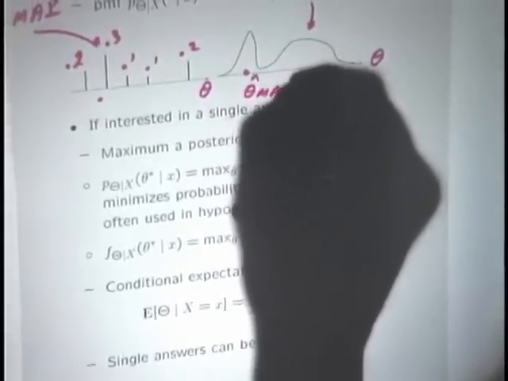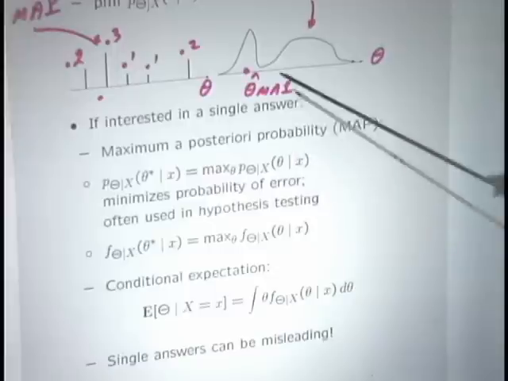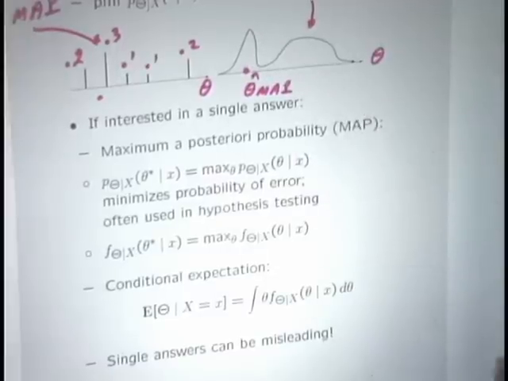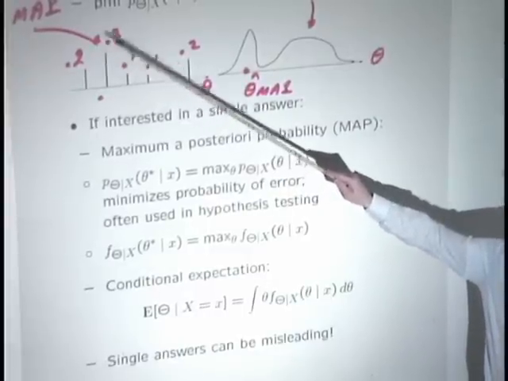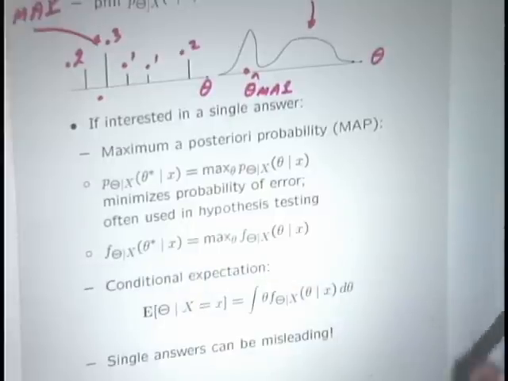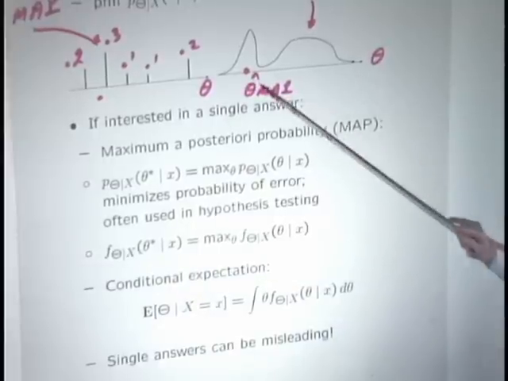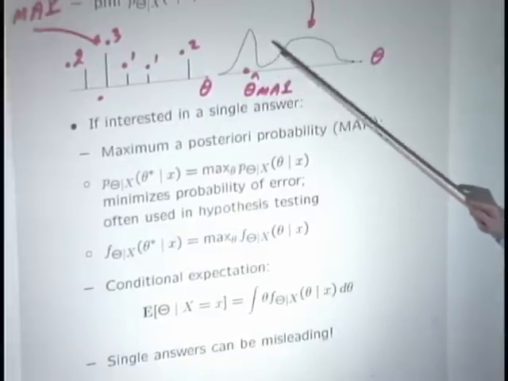So this would be my theta, again, theta MAP, the theta that has the highest a posteriori probability, just because it corresponds to the peak of the density. But in the discrete context, the maximum a posteriori probability theta was the one that was most likely to be true. In the continuous case, you cannot really say that this is the most likely value of theta.